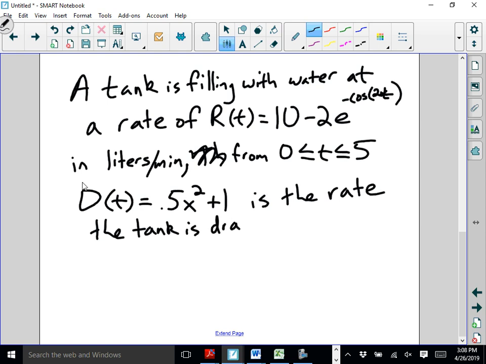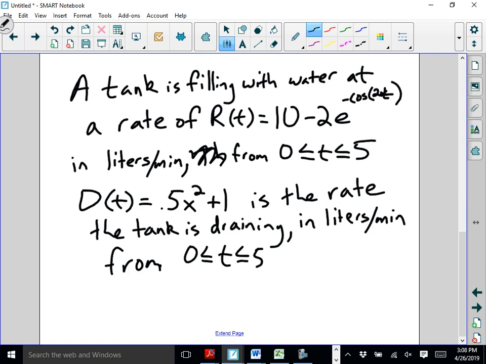Again, in liters per minute, from 0 is less than or equal to t is less than or equal to 5. Okay. At t equals 0, the tank contains 30 liters of water.